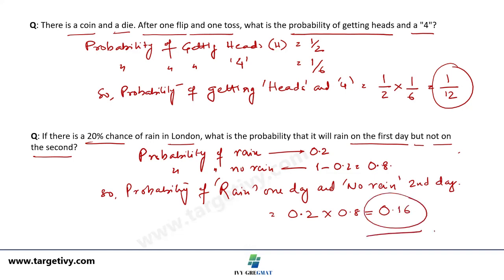Two independent events, as the first day's event does not influence the second day's event. Now don't become a climatologist and try to find out why the rain came on the first day. No, we are doing mathematics, so this is the thing. Let's go to the next one.